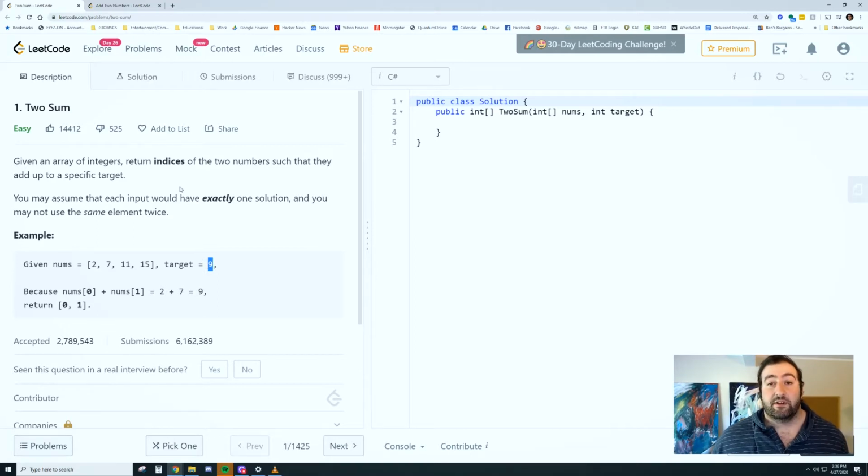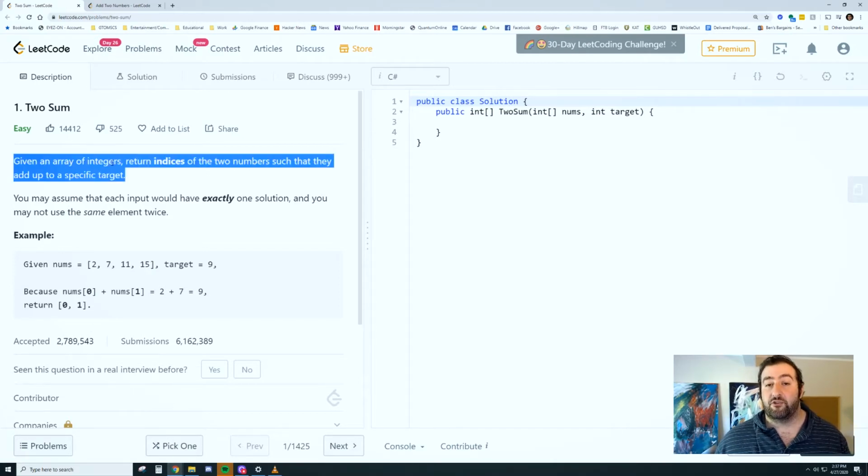What do they want from us? They want us to return the indices of these two numbers. Most of us understand how arrays are indexed; most languages index arrays starting at 0. This array has 4 elements, which are integers.